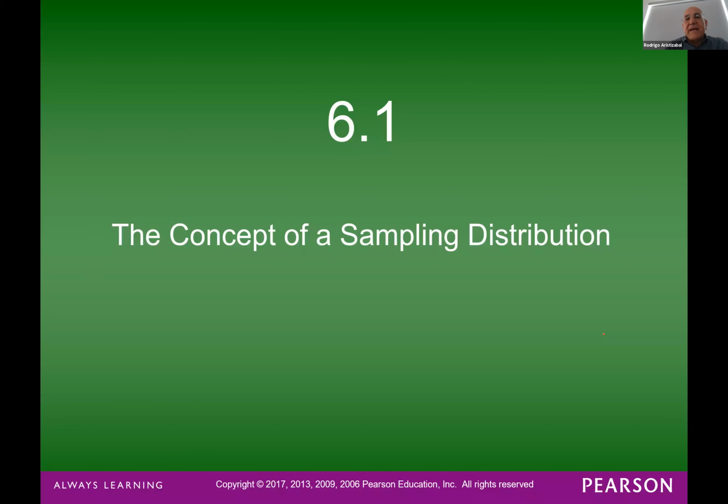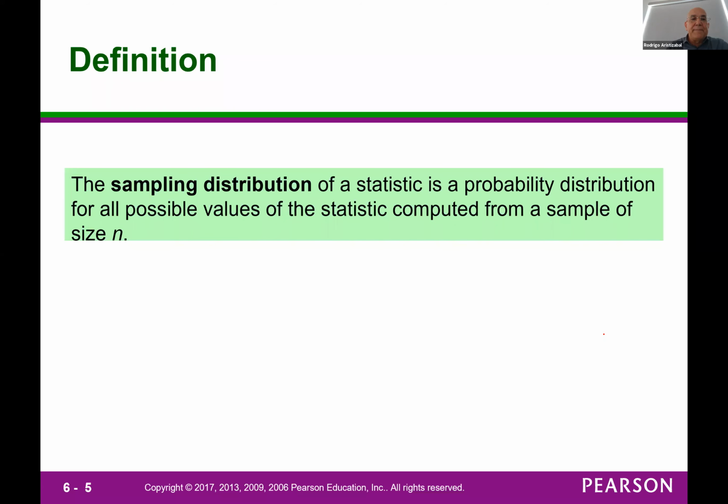The concept of sampling distribution. The sampling distribution of a statistic is a probability distribution for all possible values of the statistic computed from a sample of size n. What is the meaning of that?